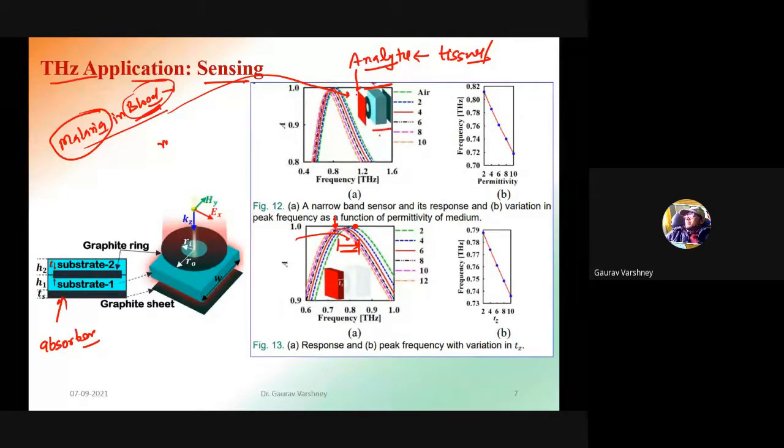In that case, this absorber can be called a biosensor. The performance of this biosensor can be characterized by certain parameters like sensitivity.